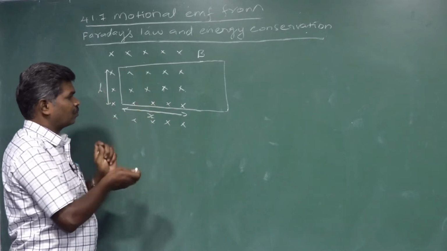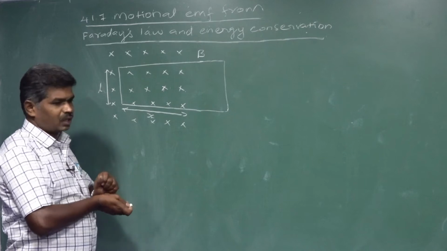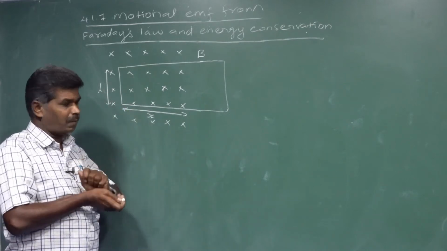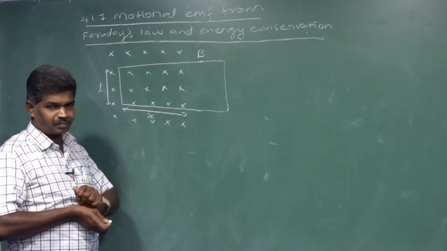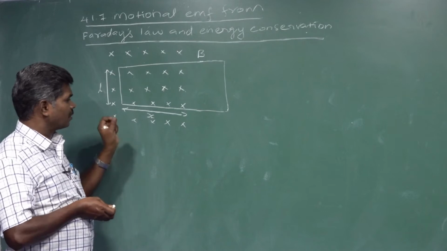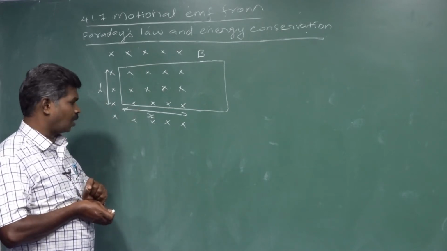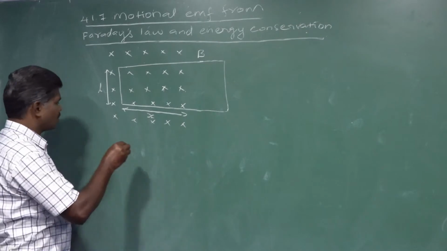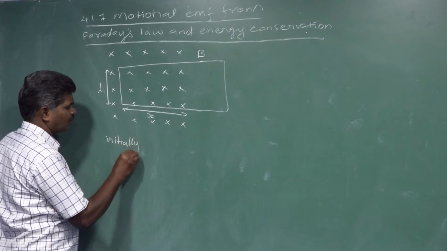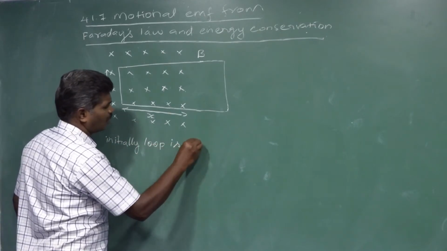The loop is related to a certain magnetic field, and that magnetic field we are going to describe in terms of magnetic flux. The initial area we have is length into breadth. Initially the loop is at rest.